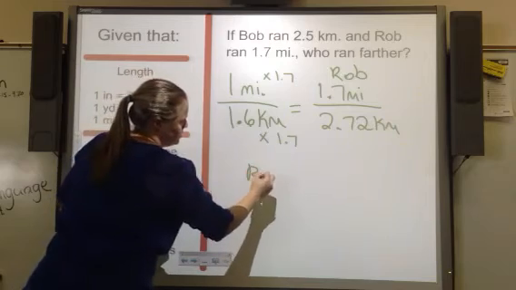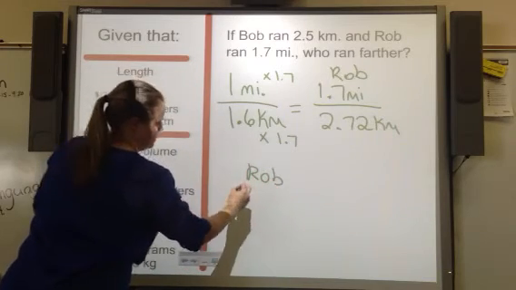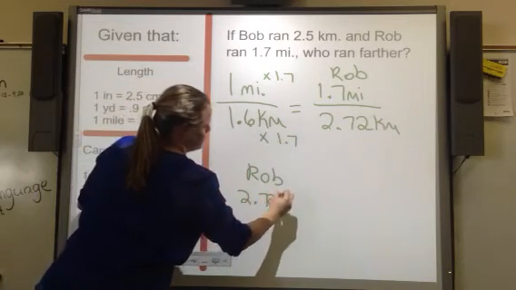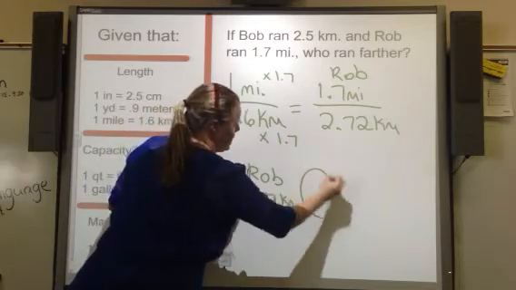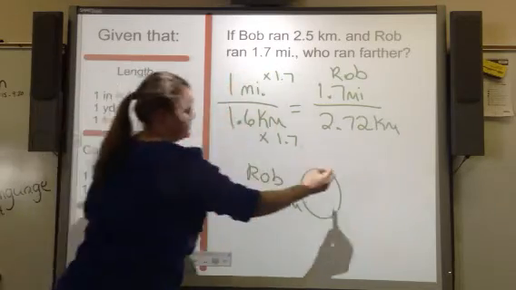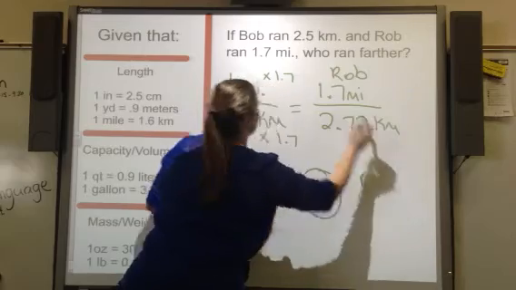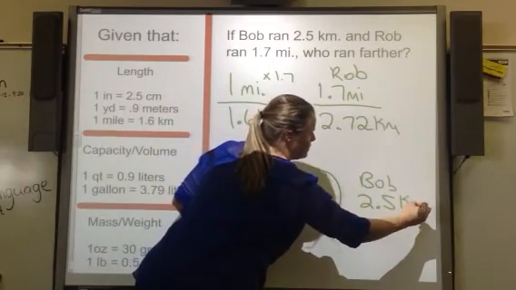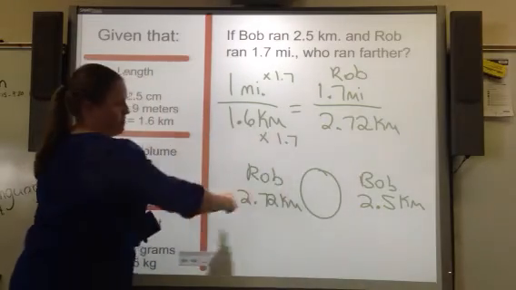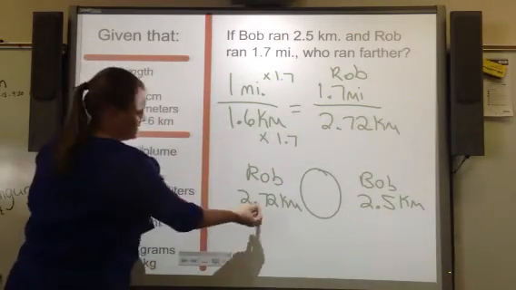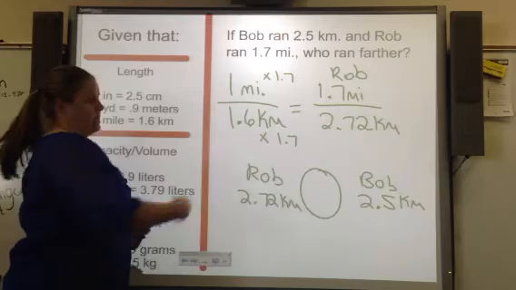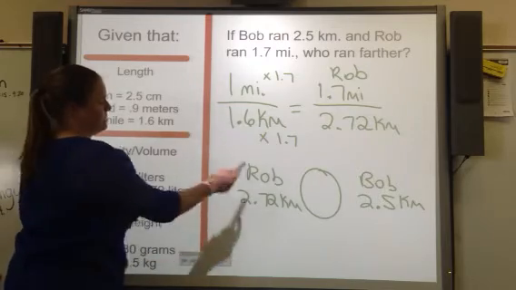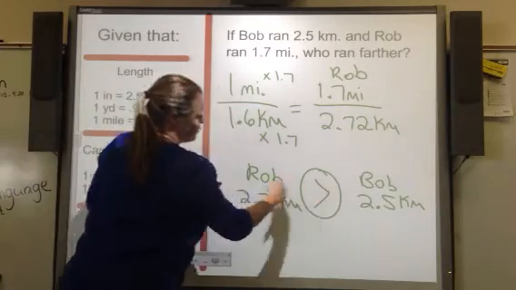So Rob ran 2.72 kilometers compared to Bob, who ran 2.5 kilometers. By this comparison, I can see that 2.72 kilometers is larger than 2.5.